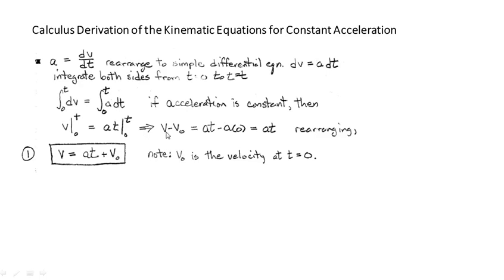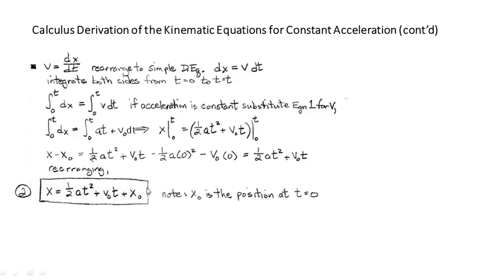That yields velocity minus v sub naught is equal to the acceleration times time minus the acceleration times 0, and that simplifies to acceleration times t. We can rearrange this equation and we come up with equation 1 of our kinematic equations. Velocity is equal to the acceleration multiplied by time plus v sub naught, which is the velocity at time equals 0.